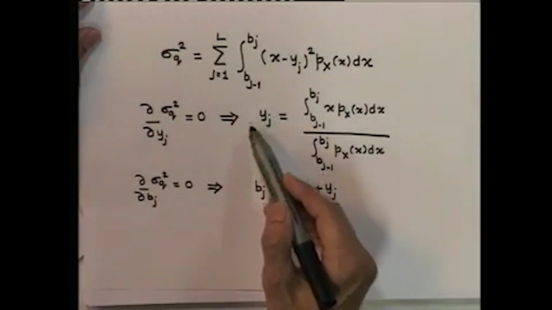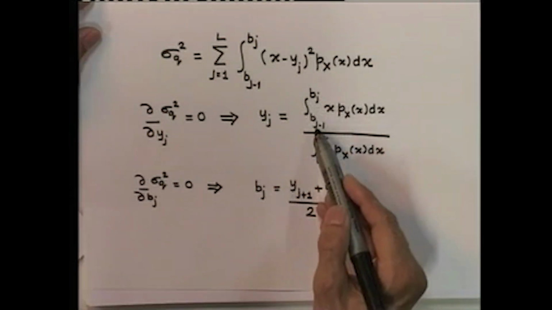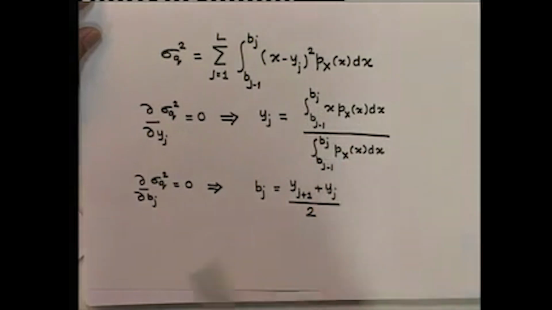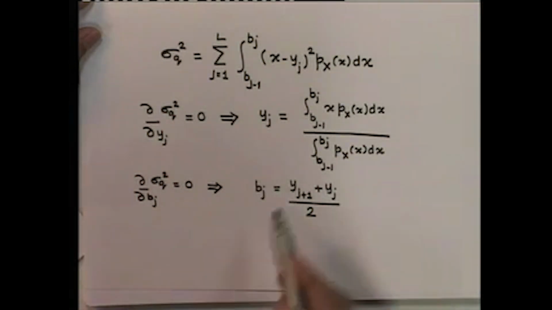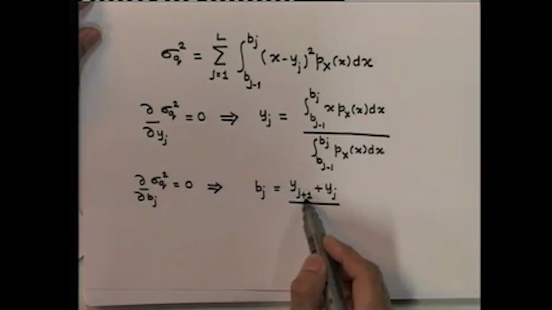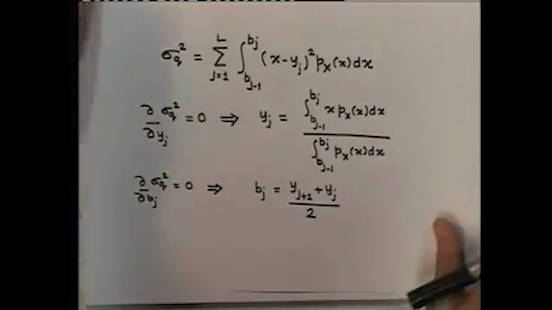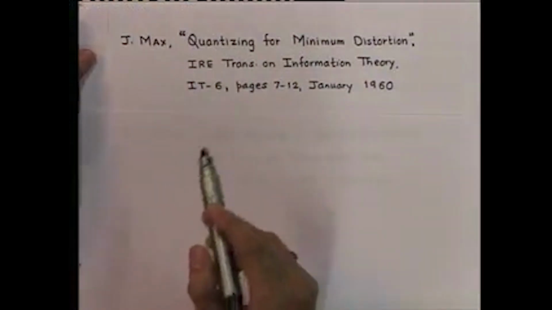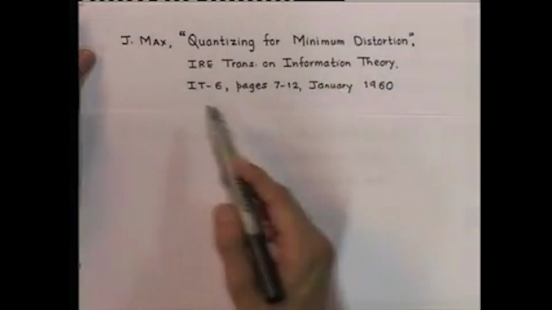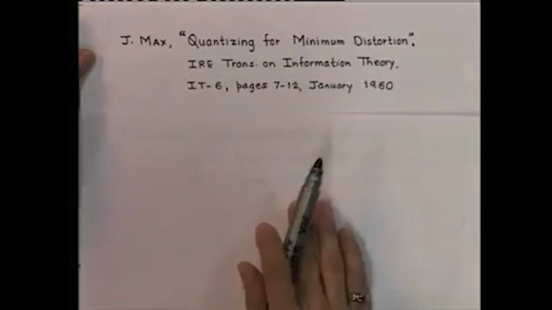Unfortunately, to solve for y_j, we need the values of b_j and b_{j-1}, and to solve for b_j, we need the values of y_{j+1} and y_j. In 1960, Max showed how to solve the two equations iteratively in this paper.